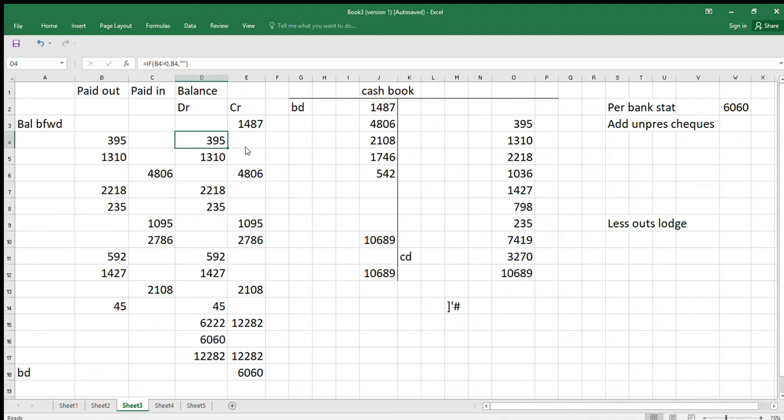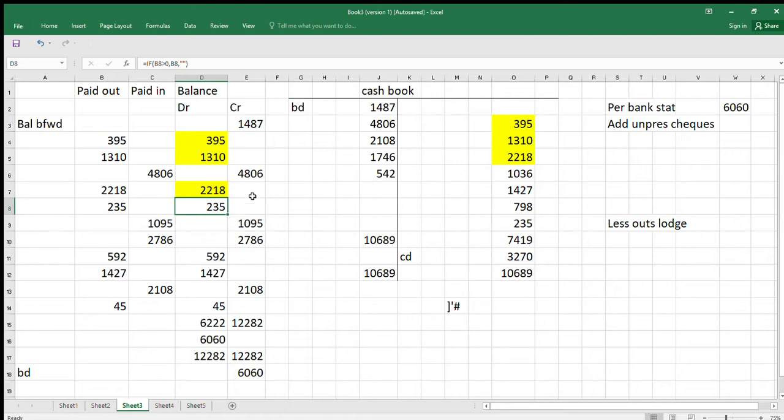So let's start colouring this up. That one's that one there, and that one is that one there. Okay, that one is that one there. And we haven't got one of those there. So that would be an unpresented cheque at some point down the track.